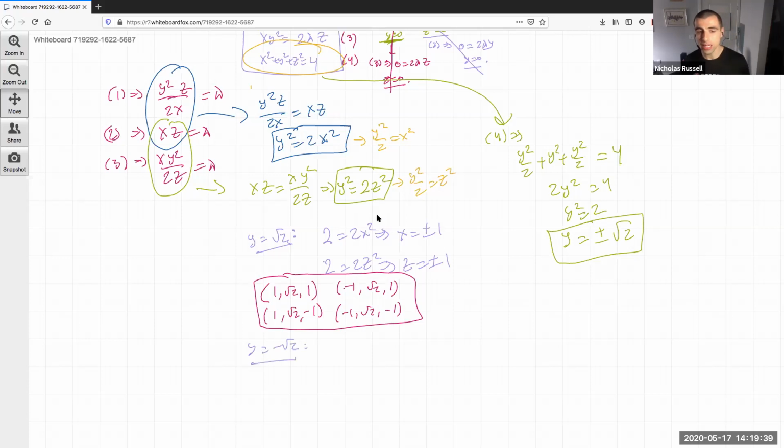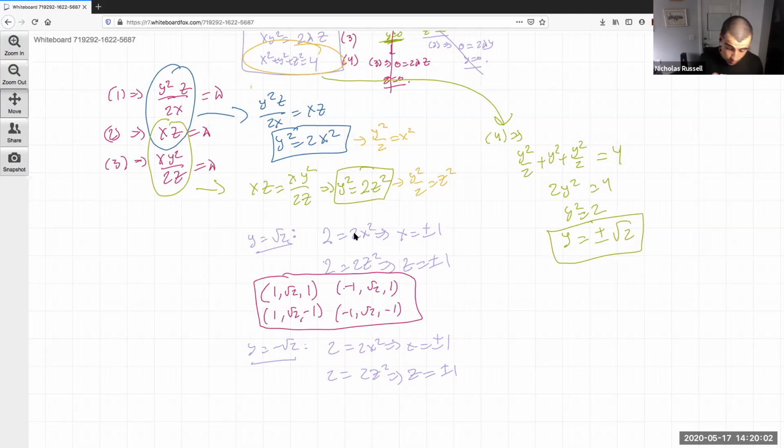The next one here, we can get the same exact process, because I'm going to square these values, and I'm going to get the same exact thing. So I'm going to get 2 equals 2x squared, which gives me x equal to plus or minus 1. I'm again going to get 2 equals 2z squared, which gives me z is equal to plus or minus 1. I like that.